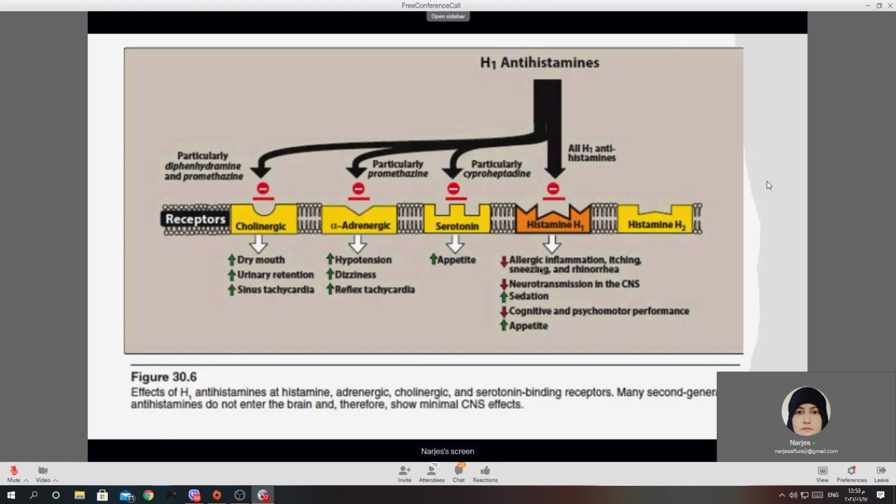That's why they are useful in allergic inflammation. They decrease the neurotransmission in the brain or central nervous system, causing sedation, and they increase appetite. Particularly, we have cyproheptadine, which works on serotonin.